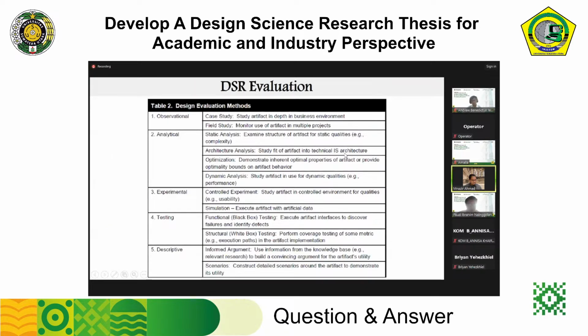So to answer Stephen, in design science research, you build the artifact. So you can build your own metrics based on what type of evaluation method you use. For example, you use analytical. You can set your analytical metric in order to assess how successful your artifacts are.